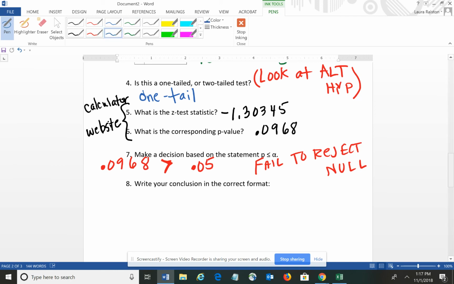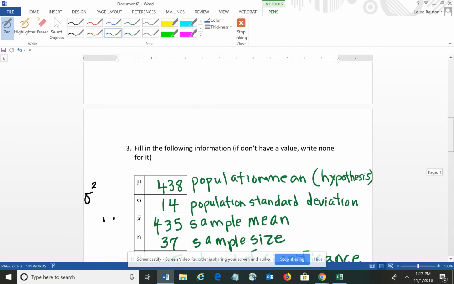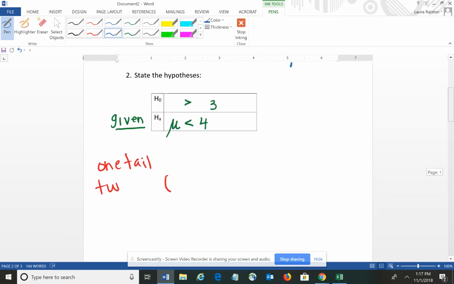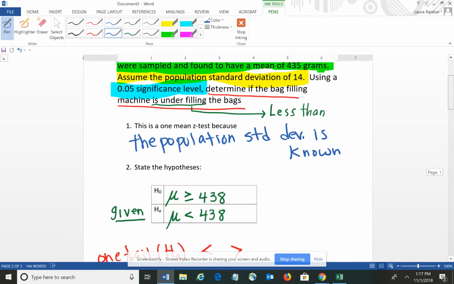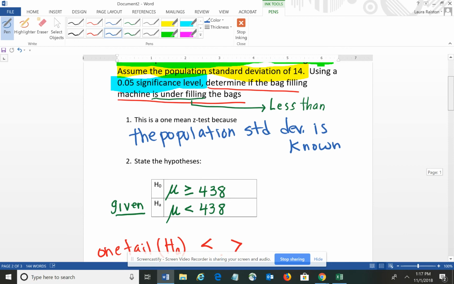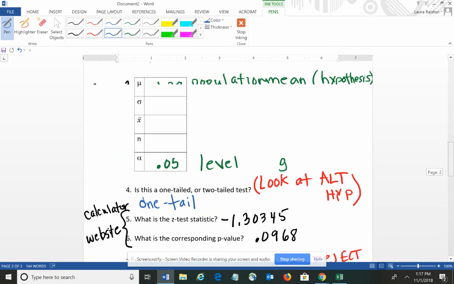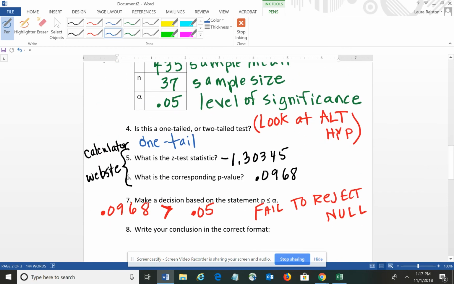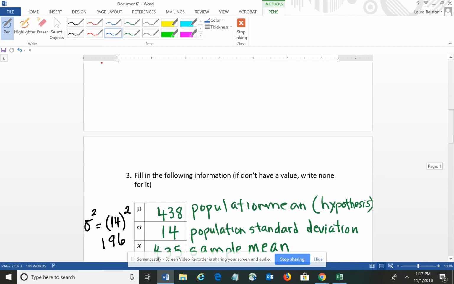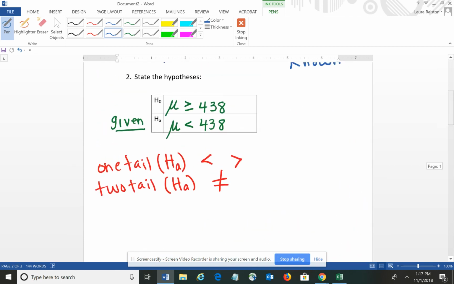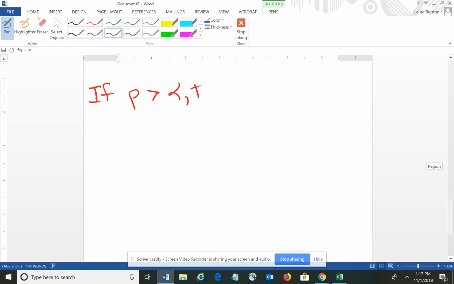So we fail to reject the null. So we're basically saying that the machine is not underfilling the bags. Okay, because we're saying that it's greater than or equal to 438.